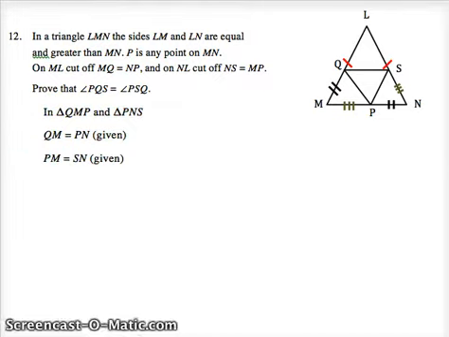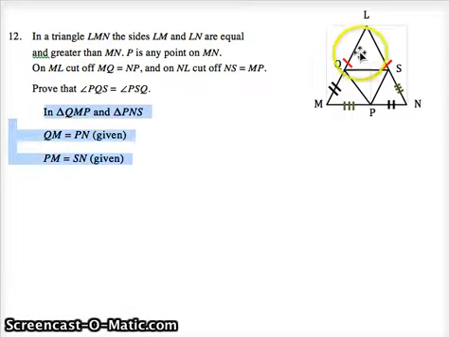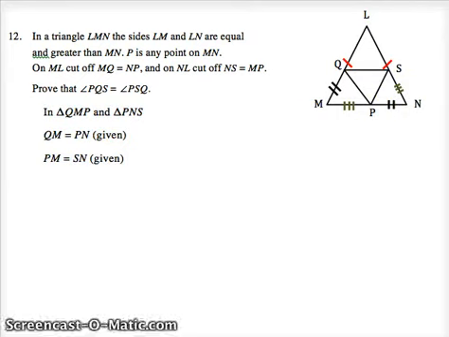And then we can say what we were discussing before, that because LM equals LN, angle LMN equals angle LNM, because they are base angles of an isosceles triangle. So we can say that next.